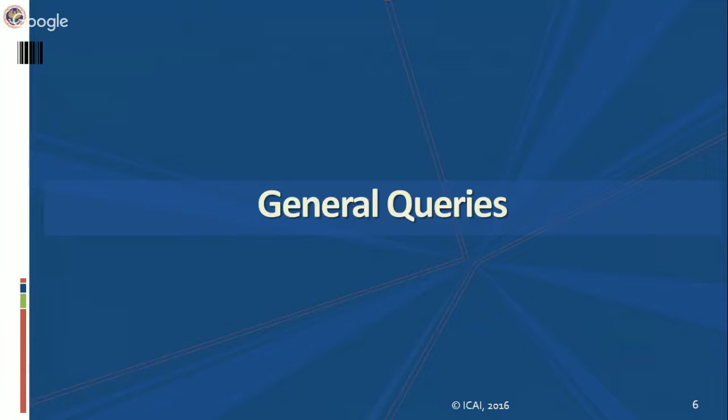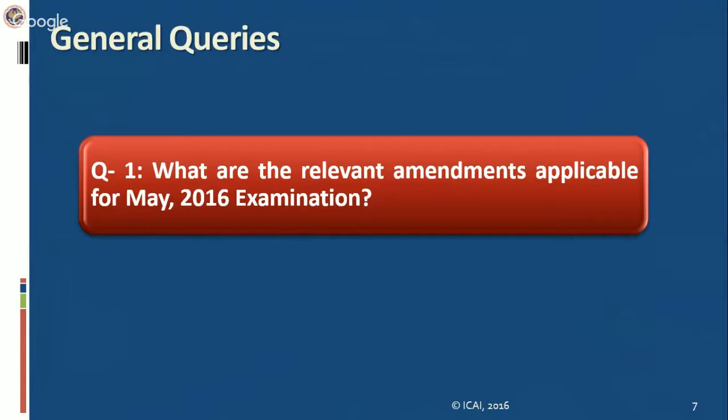Well, there are certain frequently asked queries which we receive through email or telephonic conversation. This is the list compiled here. What are the relevant amendments applicable for May 2016 examination?